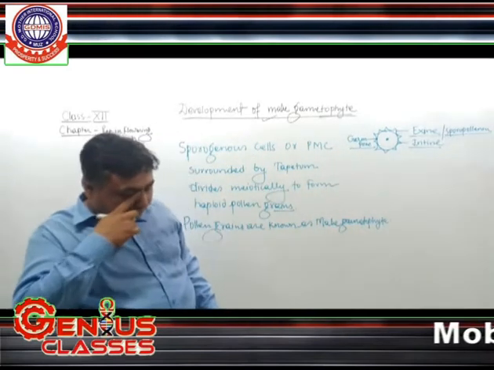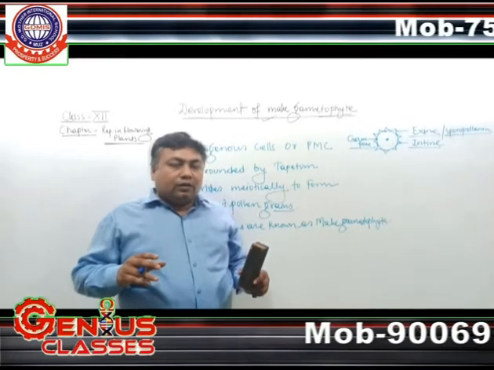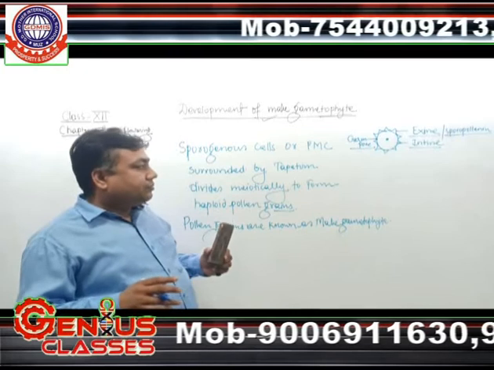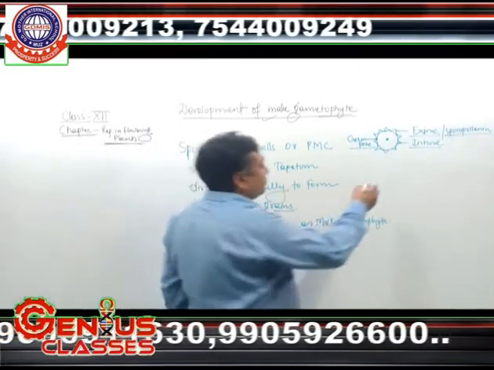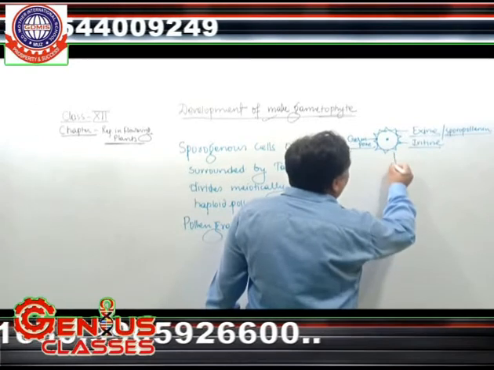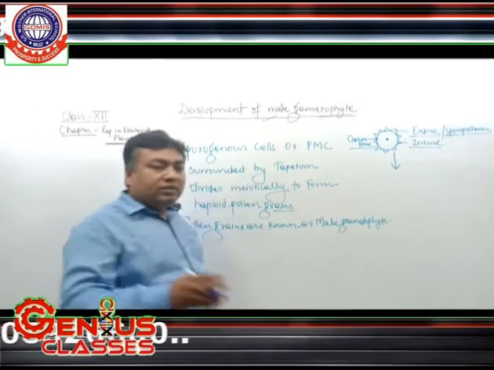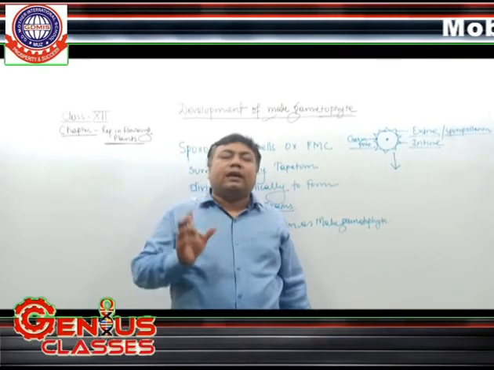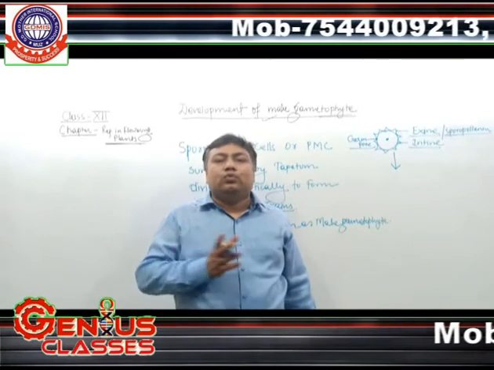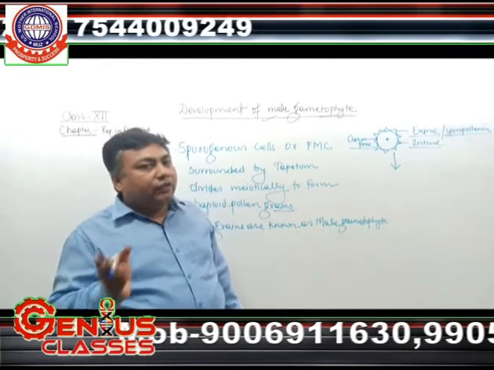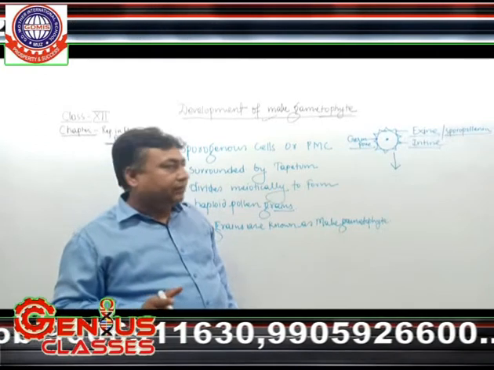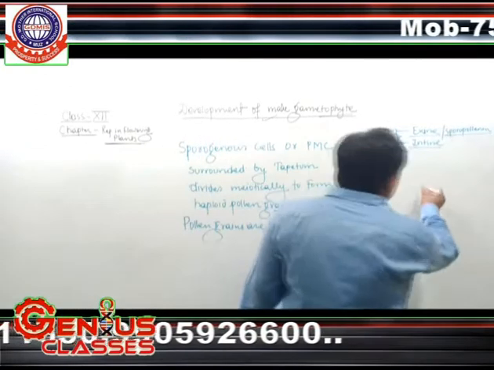Now, inside the pollen grain, the nucleus divides mitotically into two parts. They divide mitotically and form two cells inside.